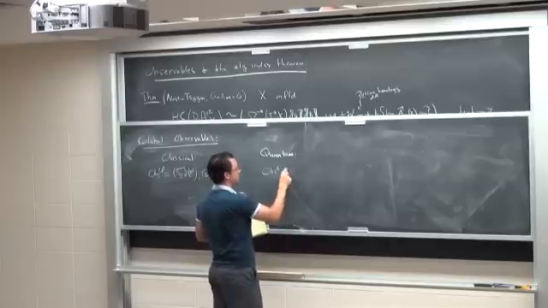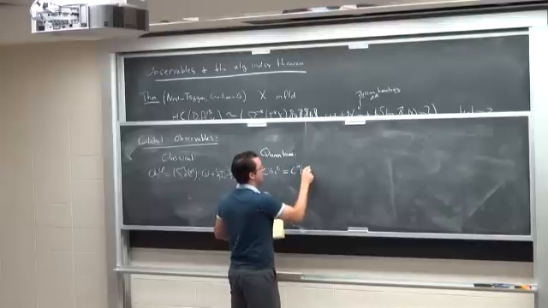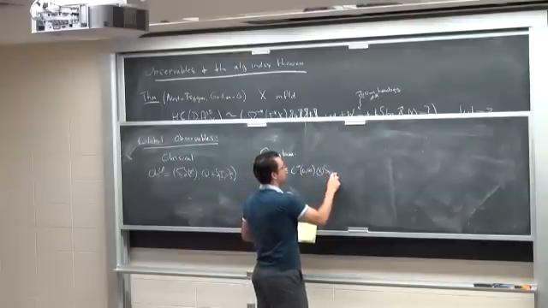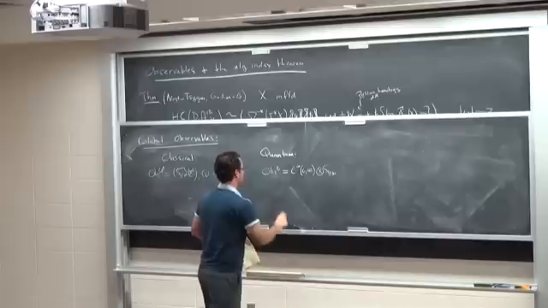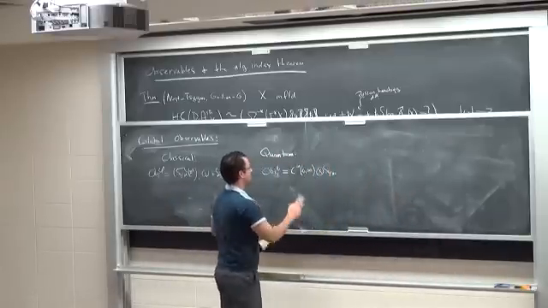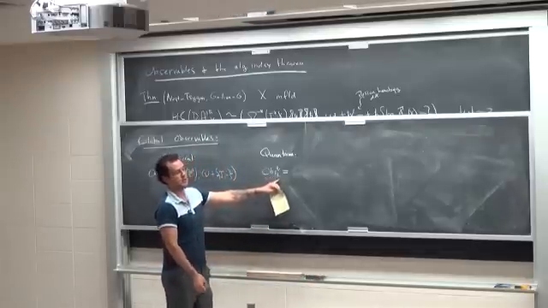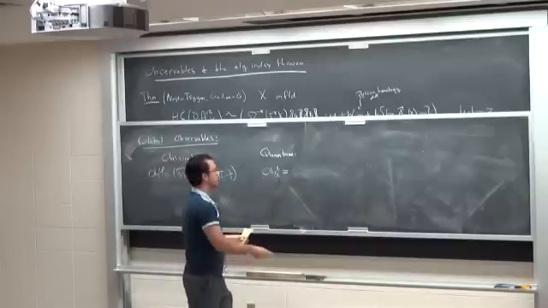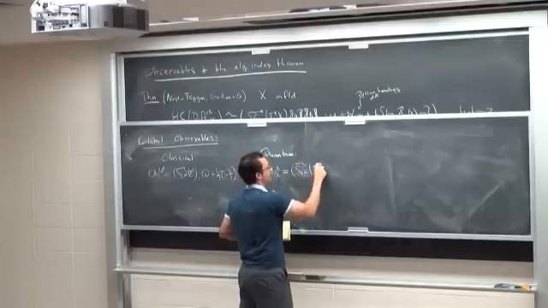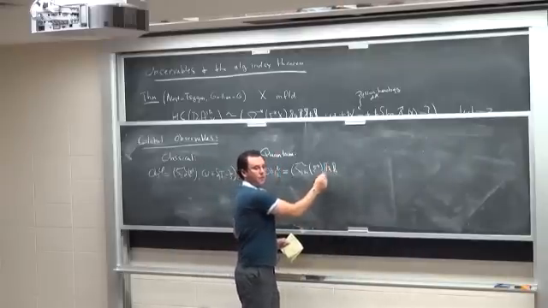There's some dependence on this length scale, so that accounts for this part. Let me simplify things a little bit. I'm going to say the quantum observables at scale L. So this L and that L are the same L. As a vector space, it's pretty similar, except I've adjoined this formal parameter h bar.